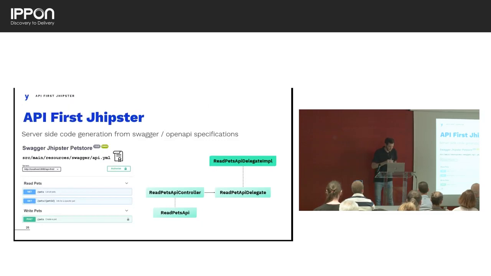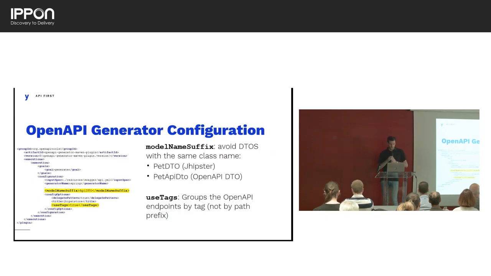and implement your API. There are a couple of tricks we usually use when we are going API first, and it's something we do with every project that connects with the outside world. The first one is to add a suffix to the DTOs generated by OpenAPI, so that if some names overlap, you can distinguish between the JHipster DTO and the OpenAPI DTO. And using tags allows you to group the endpoints by tag and not by path prefix.